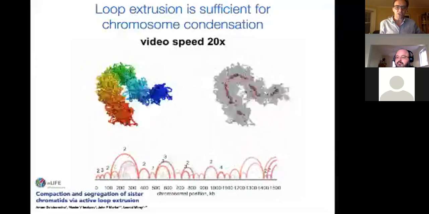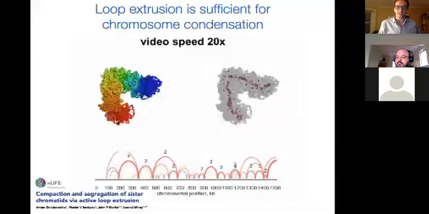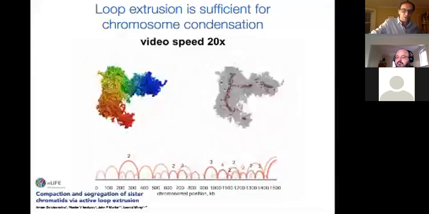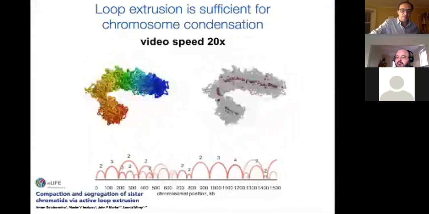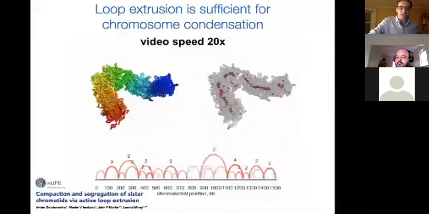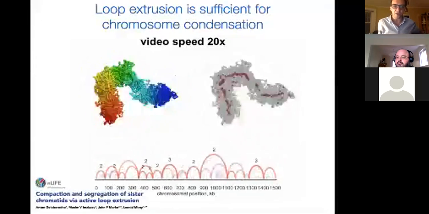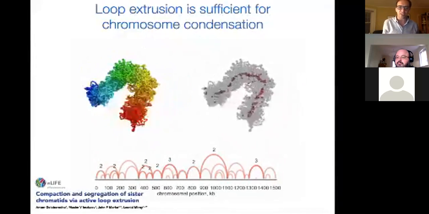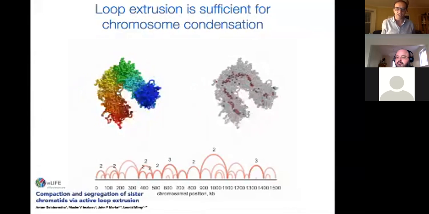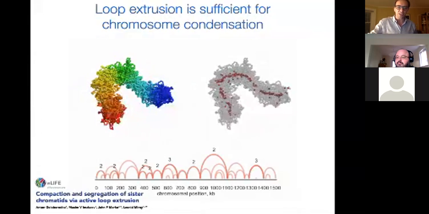These final structures do look like chromosomes during cell division. At least morphologically, they certainly resemble the structure, and they solve the physical problem of how you can take a polymer and collapse it without minimizing the surface area, because it's an active process that collapses it, and it reproduces these nice extended structures of chromosomes.